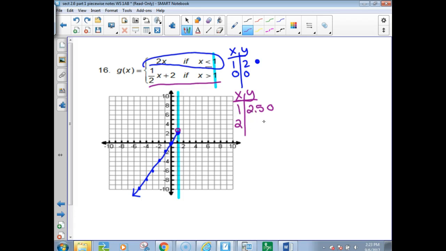And then I get 3. Put in 4. I don't feel like putting in 3. I get 4. See, that thing's got a slope of 1/2. All right, and there's the graph of that beauty. If I didn't make any boo-boos. Nope. Looking good. I think we just have a couple more.